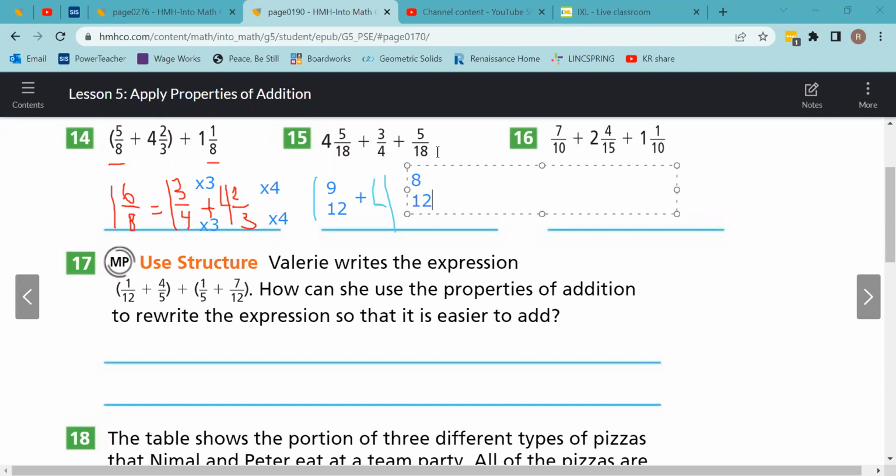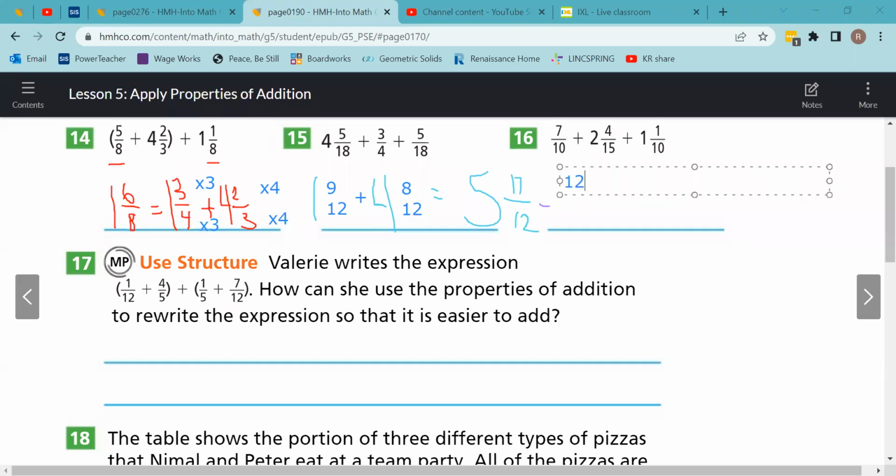Now that equals 5 whole. 9 plus 8 is 17 over 12. We've got an improper fraction here. So I'm going to take away 1 whole, take away 12 out of 12, or some of you prefer to do 17 divided by 12, and that's fine.